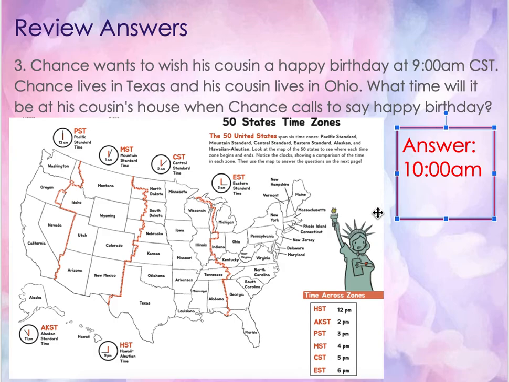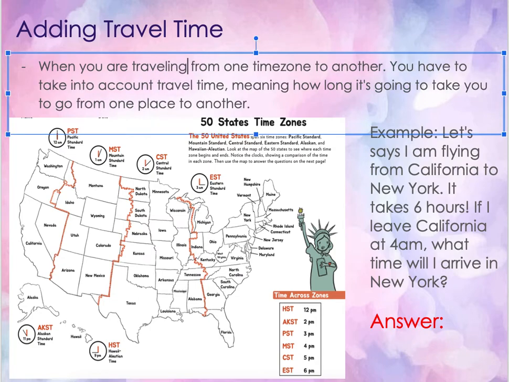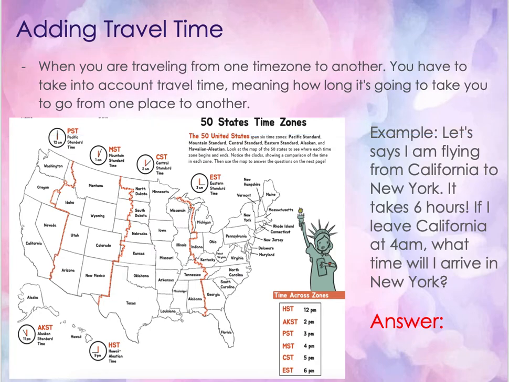So you don't have to add or worry about traveling time. However, look at this question. When you are traveling from one time zone to another, you have to take into account travel time, meaning how long it's going to take you to go from one place to another.